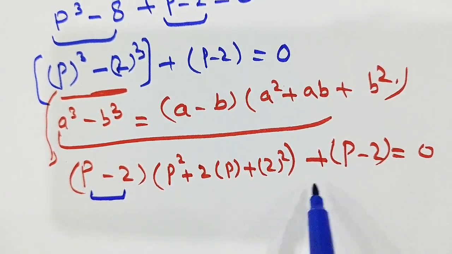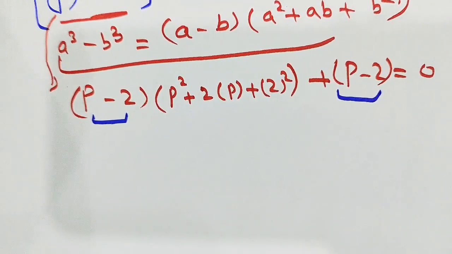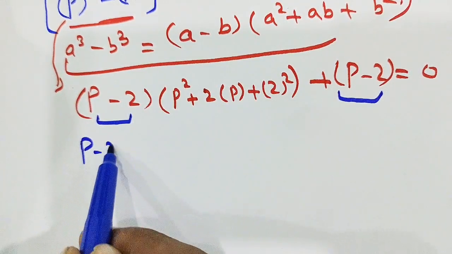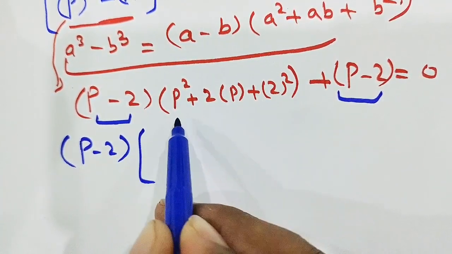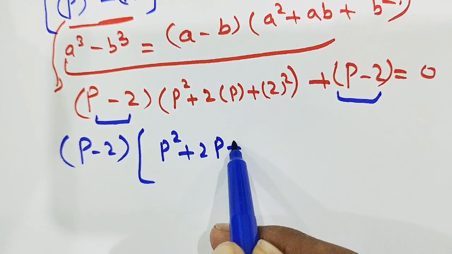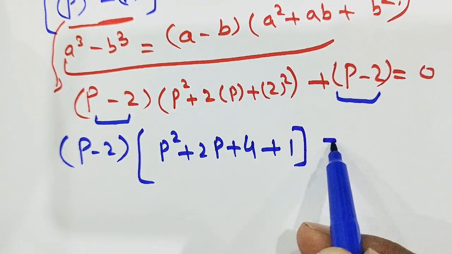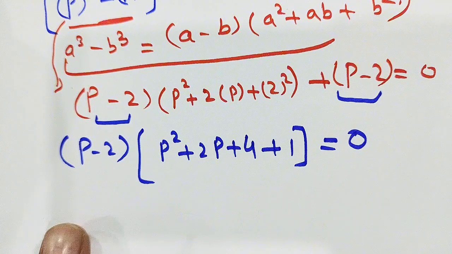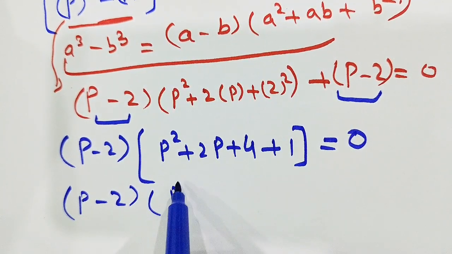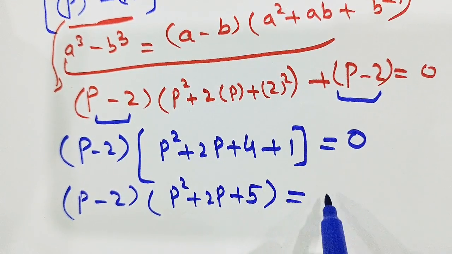Here is p minus 2 and here is also p minus 2. By taking p minus 2 as common for the whole equation, p minus 2 is common here and the remaining factor is p square plus 2p plus 4, and here the remaining factor is 1, and it is equal to 0. Now our equation will become p minus 2 into p square plus 2p plus 5 is equal to 0.